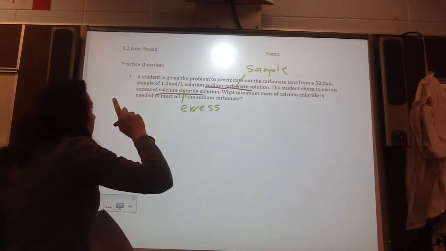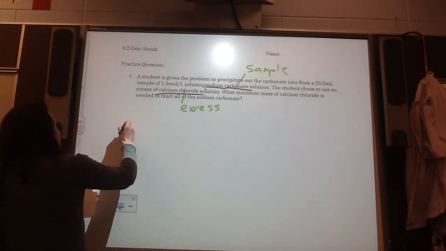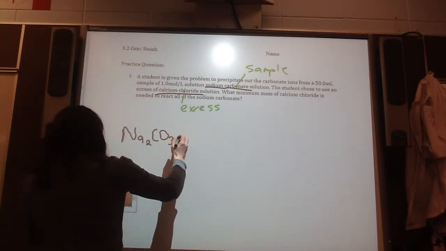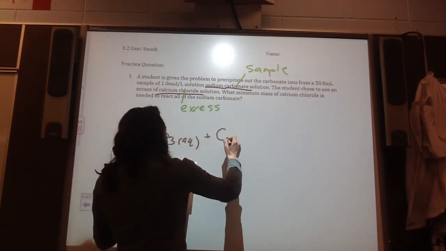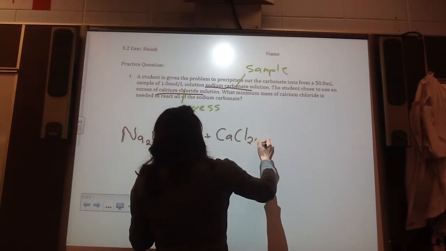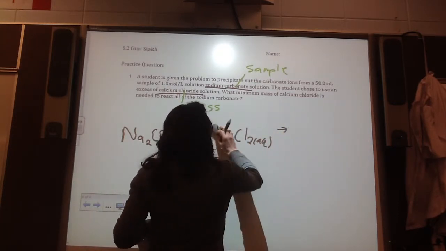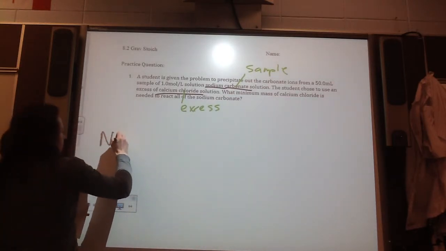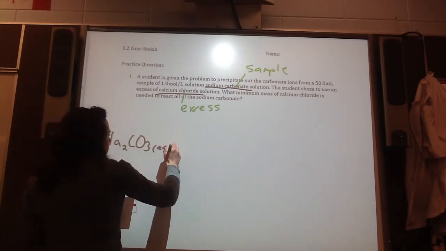And you're going to make a precipitate. So let's write it out. We have sodium carbonate plus calcium chloride. I'm just going to rewrite it so that it's not so big. And it goes into a double replacement reaction. So both of these are aqueous.